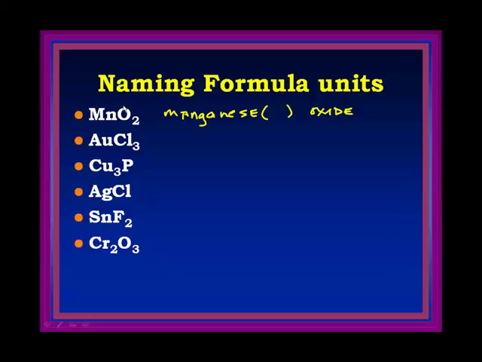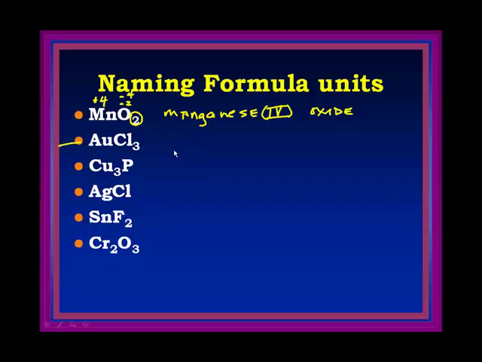Since I have two oxygens, I have to look up the charge on oxygen. If I look on my periodic table, the charge of oxygen is -2. Well, I've got two of those, so that's the same as a -4. I know these need to cancel out to 0. So the -4 has to be counterbalanced by a +4. So the manganese has to be a +4, which would give us a Roman numeral 4. So manganese 4 oxide.